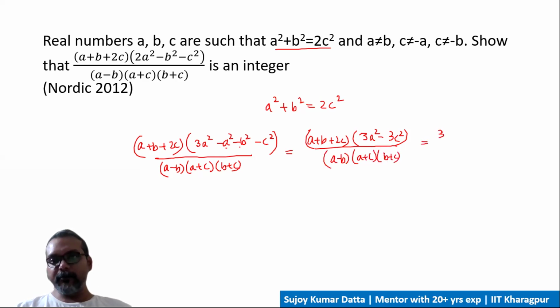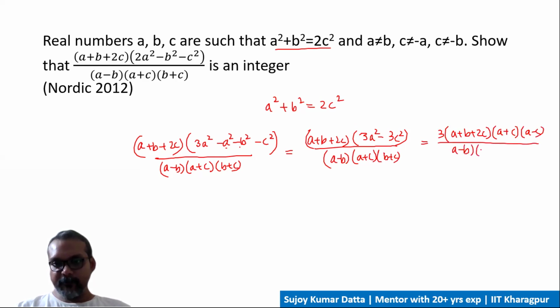We'll take the 3 out and factorize. And after factorizing, you see that a plus c as a factor cancels out.